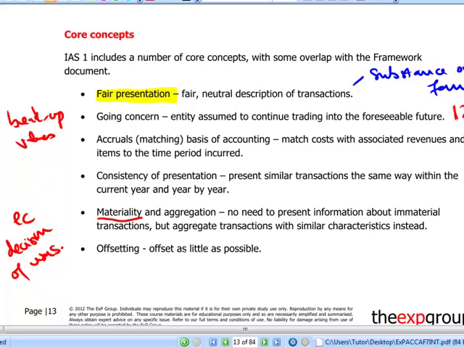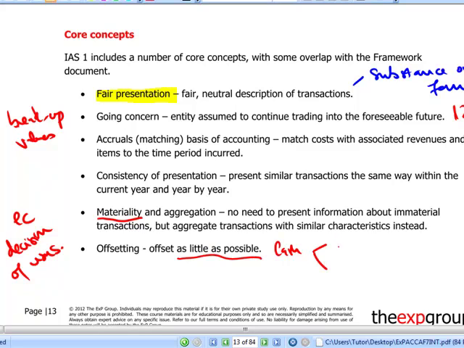Offsetting, that is as little as possible throughout any IFRSs, okay? So do present the liabilities and assets separately, do not net them off. We are not allowed to net off, even if we talk, for instance, about cash at bank.